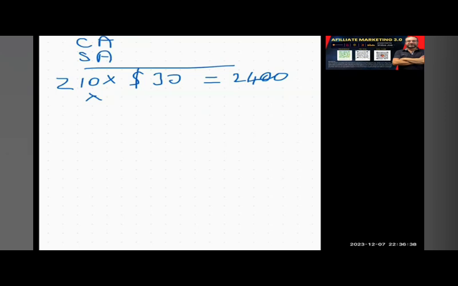So a Xeon 10X is costing you $30 a day, $900 a month, give or take, because some months have got 30 days, some months have got 31 days, and at least one month has got 28 or 29.